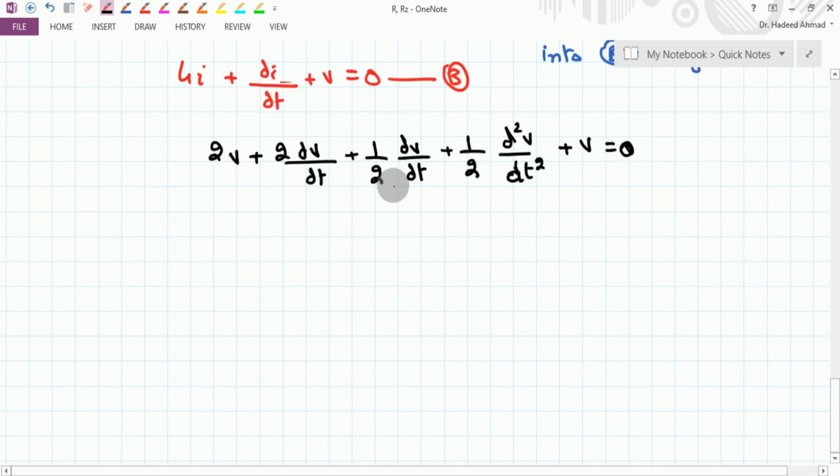Now this equation can be simplified in terms of the order of the derivative.